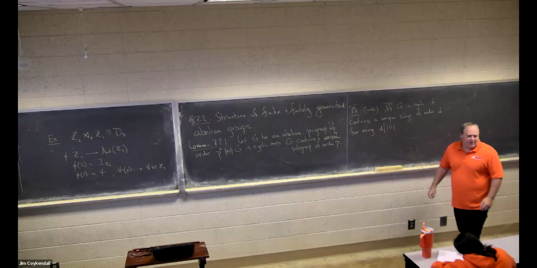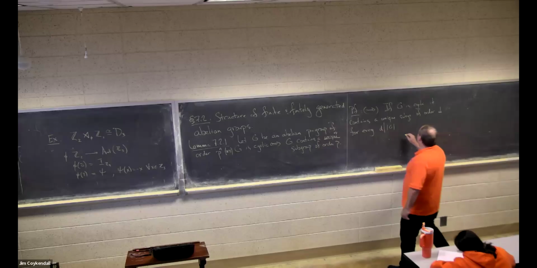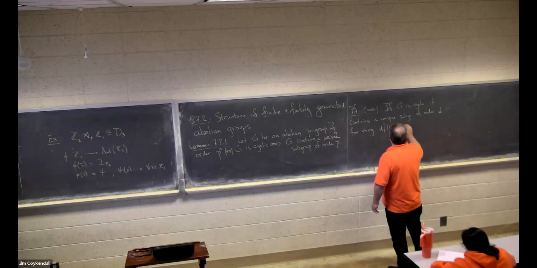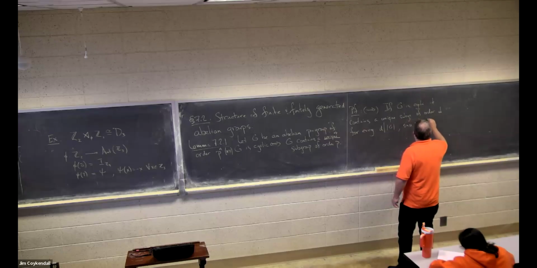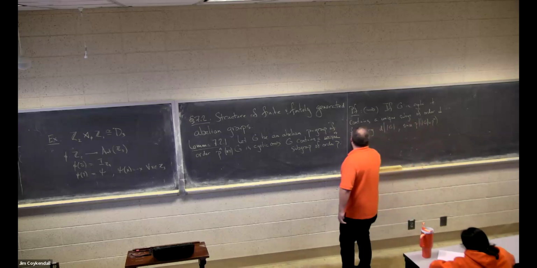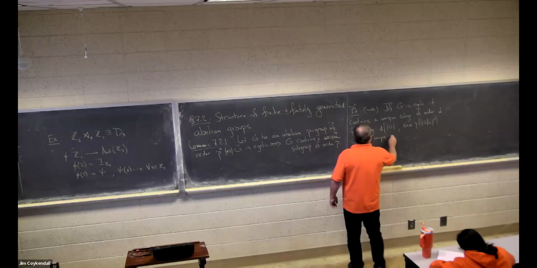This is true for any cyclic group, whether it's a p-group or not. Since p divides the order of G, which is p to the n, G has a unique subgroup of order p.